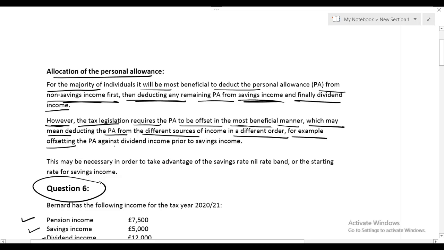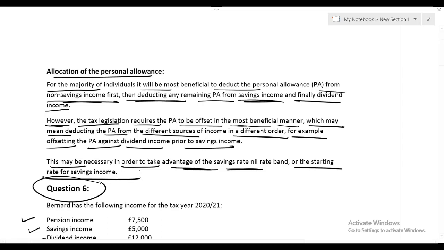For example, offsetting personal allowance against dividend income prior to saving income. This may be necessary in order to take advantage of the savings nil rate band or the starting rate band for saving income. So questions number 6 and 7 both give us a really good understanding of this concept of changing the allocation of personal allowance and saving tax.